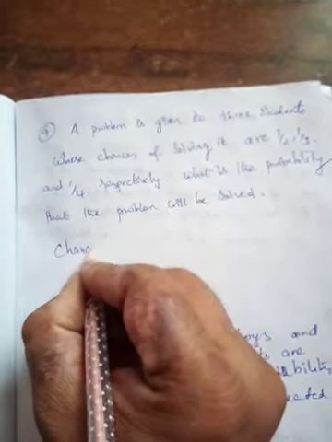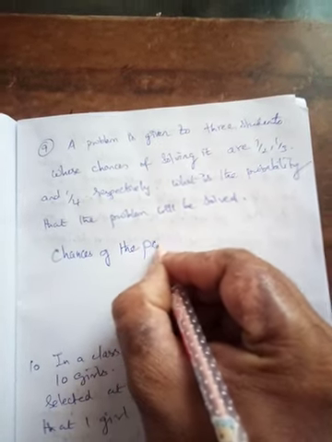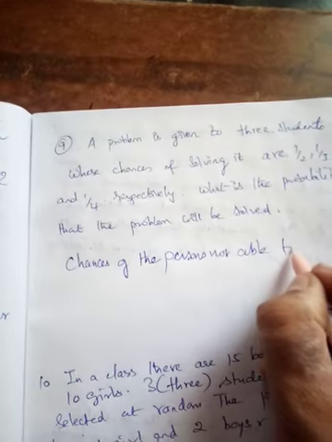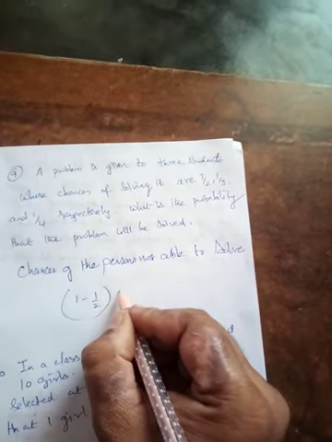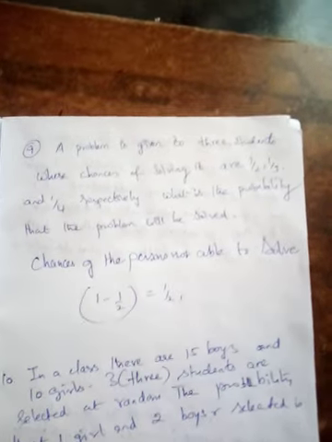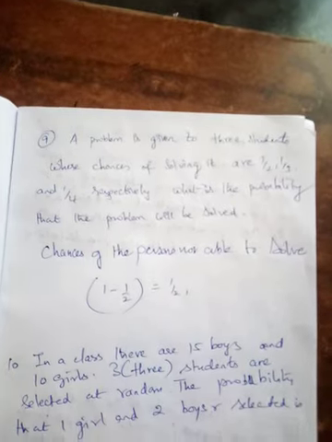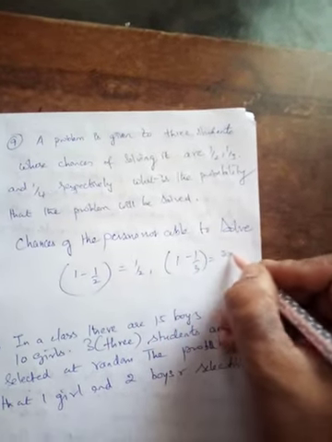So let us first see the chances of the 3 persons not being able to solve. For the first person, 1 minus 1 by 2: 50% chance for him to solve, 50% not able to solve. The second person is 33% able to solve, which means 66.66% not able to solve, that is 1 minus 1 by 3, which is 2 by 3.